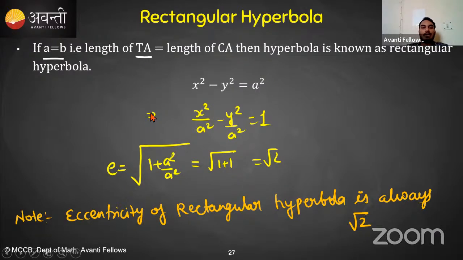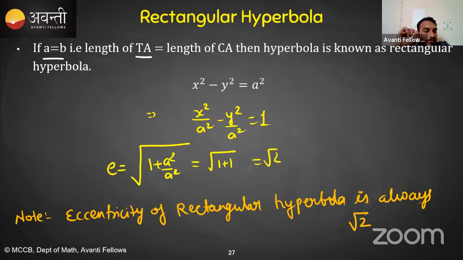What happens in a conjugate hyperbola? The transverse axis of one hyperbola becomes the conjugate axis of another, and the conjugate axis of one becomes the transverse axis of another. It means the transverse axis and conjugate axis get swapped, yes or no? In case of conjugate hyperbola. And there is a very important relationship between the eccentricities of both hyperbolas: 1 upon e1 square plus 1 upon e2 square is equal to 1.